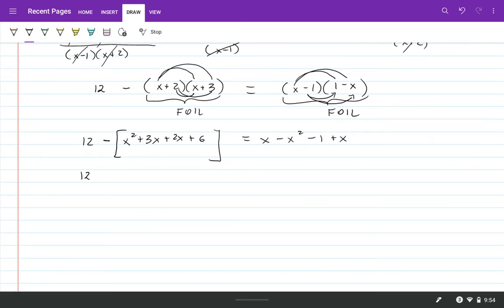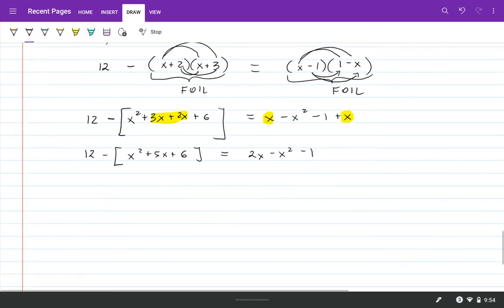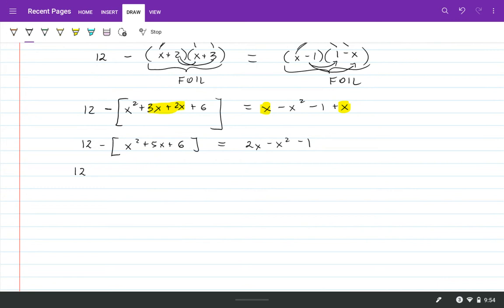So let's simplify the left side. Let me simplify the expressions in the parentheses. So we have x squared plus 5x plus 6 equal, here we're going to also group like terms. X plus x will give you 2x. So we're having 2x minus x squared minus 1. Now this minus right here has a meaning of negative 1.